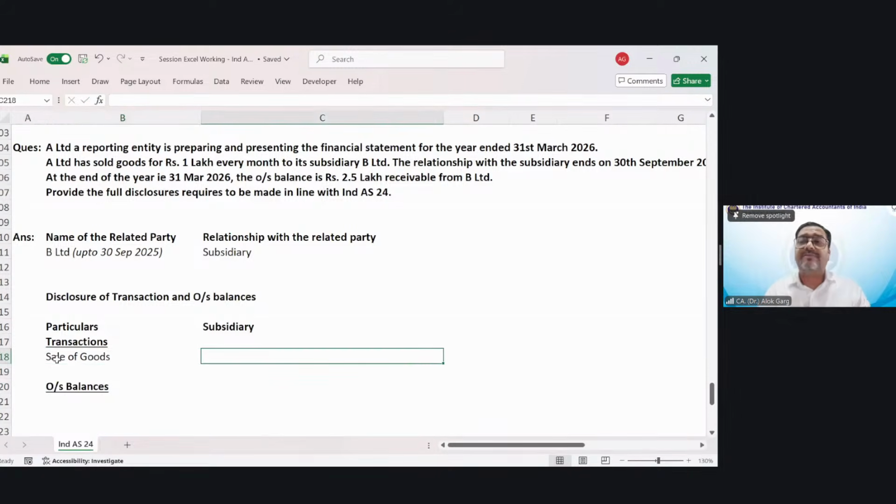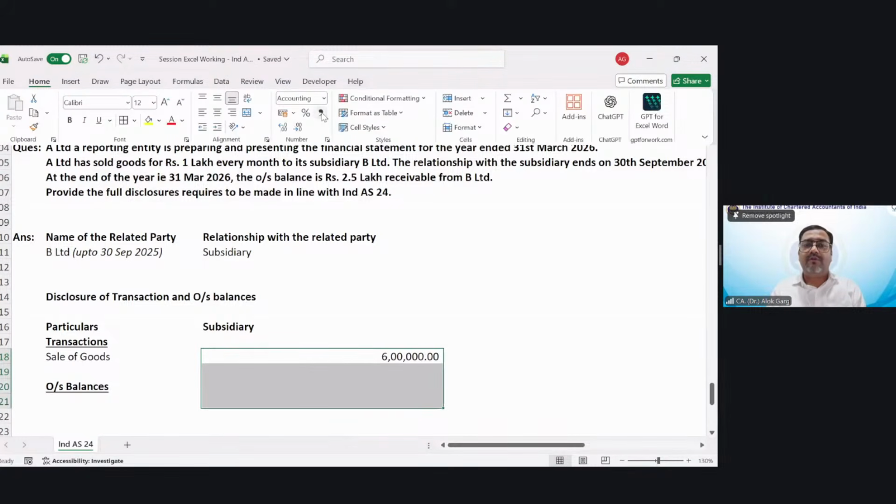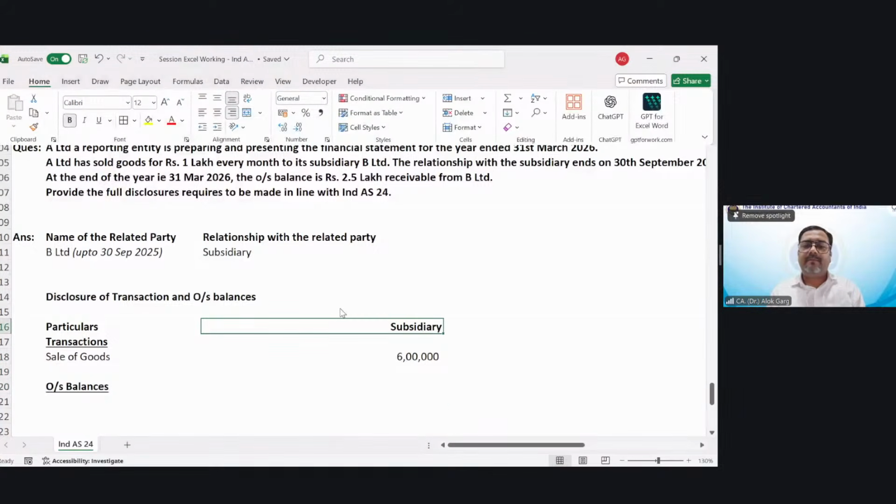What is the transaction with the subsidiary, friends? Every month it is 1 lakh rupee, in the year it is 12 lakh rupee. How much sale of goods do I show here? 6 lakh rupee, because in the first 6 months it was a subsidiary, and 6 lakh rupee worth of goods were sold in that capacity.